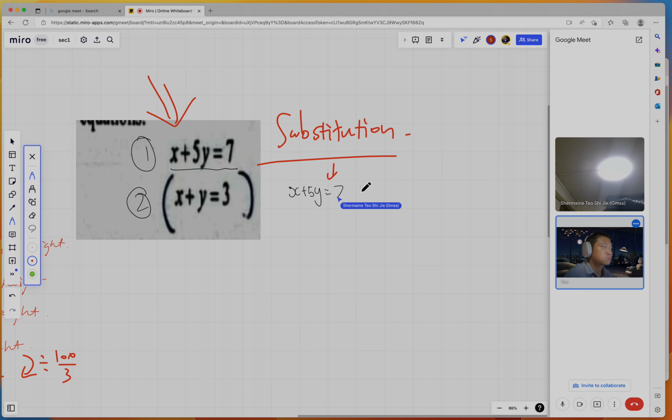Right then. Are you referring to your notes or something? No. Okay, then what are you waiting for? Why so slow? You cannot remember how to do substitution?